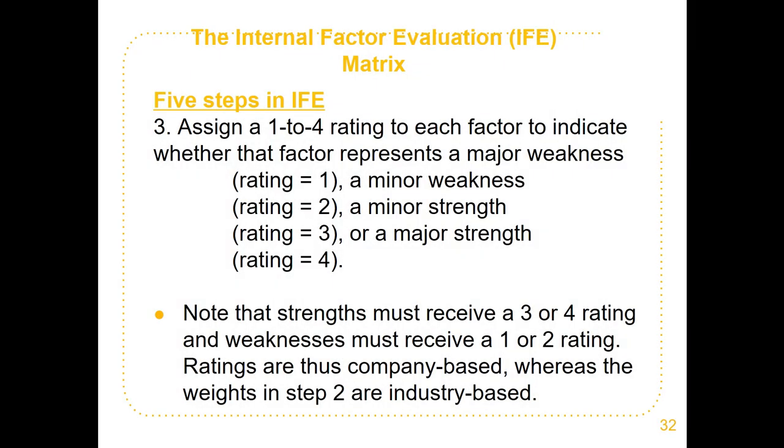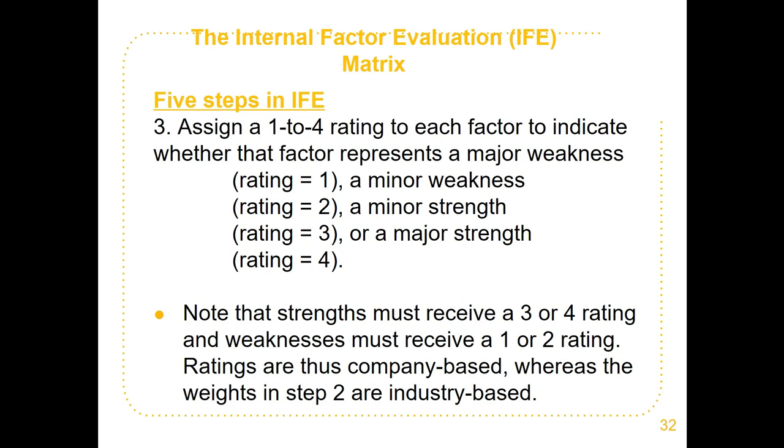So the next step is for you to assign a 1 to 4 rating to each factor to indicate whether the factor represents a major weakness, a minor weakness, a minor strength, or a major strength. So 1 is a major weakness, 2 a minor weakness, 3 a minor strength, and 4 a major strength. Note that strengths must receive a 3 or 4 rating and weaknesses must receive a 1 or 2 rating.